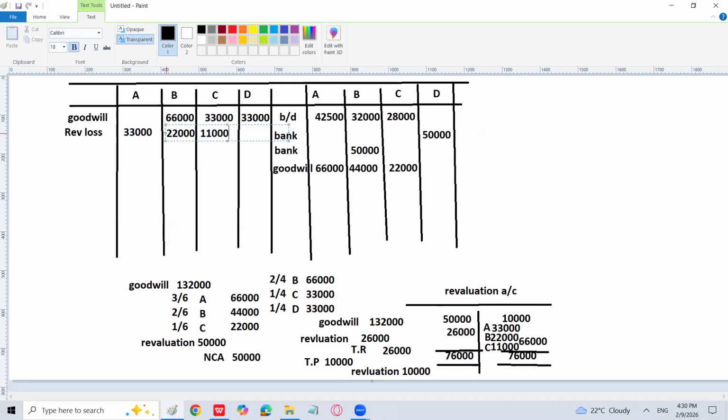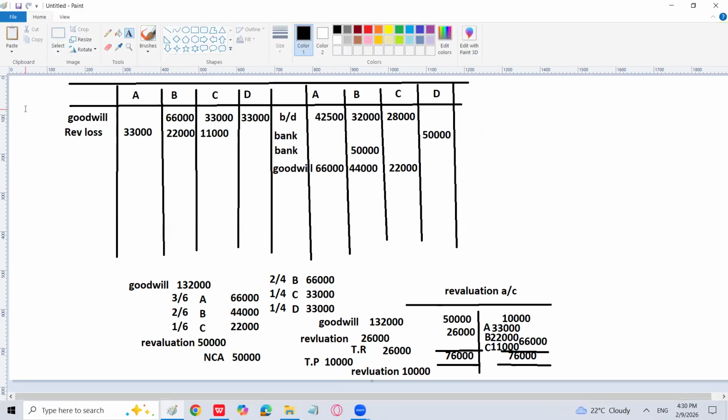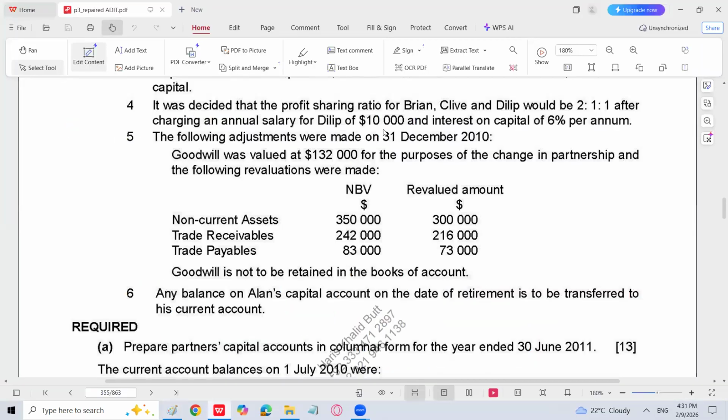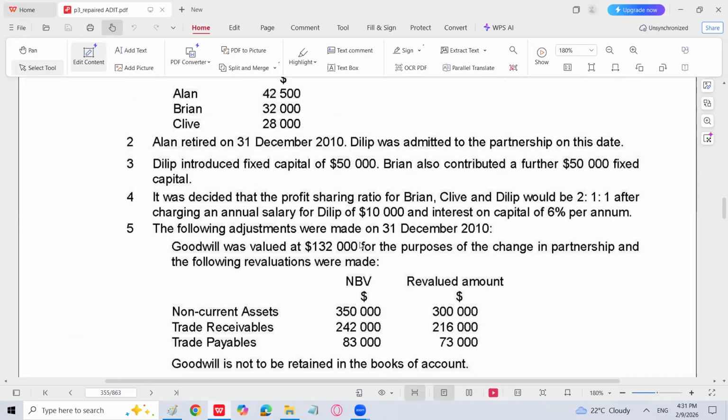So that's it. Those are the entries we need to do when we have prepared the capital accounts. The 50,000 is going to be contributed by Dilip, bank debit, Dilip capital credit, and Brain also, bank debit and Brain capital credit.